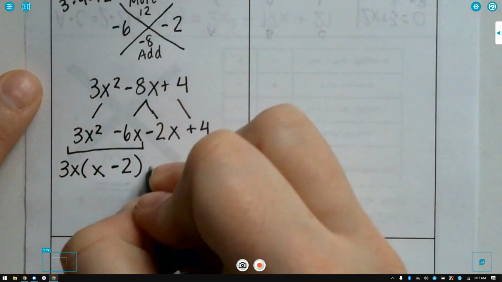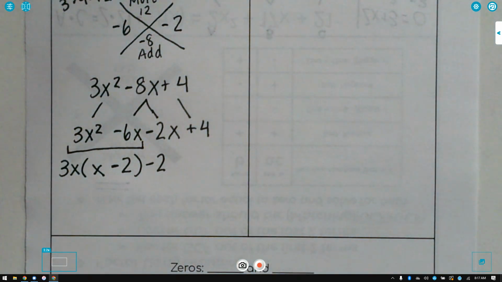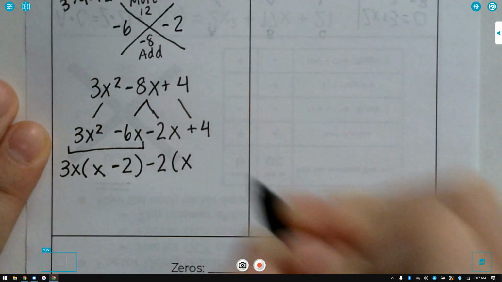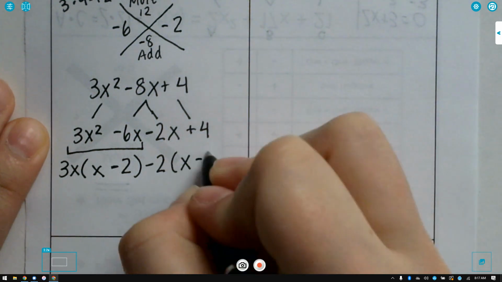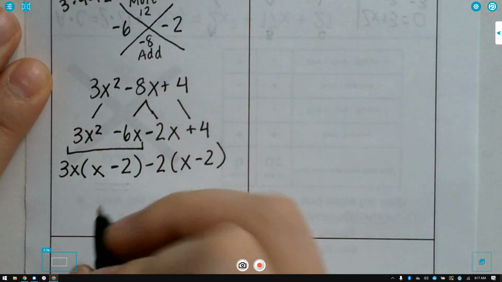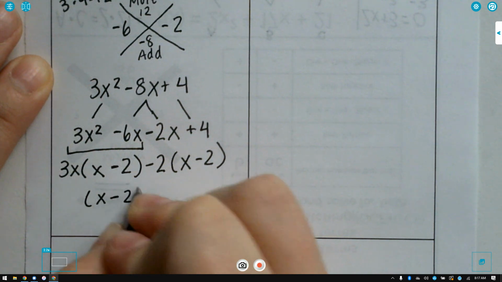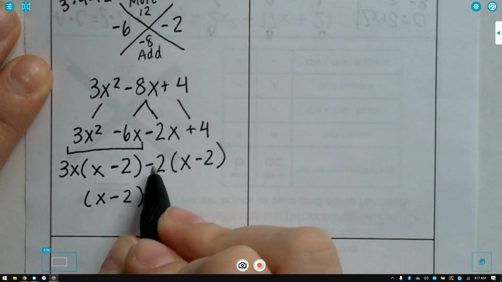So I'm going to divide out -2. So -2x divided by -2 is just x. 4 divided by -2 is -2. So that leaves me my final answer. My pieces that match are x minus 2. And then my GCF is 3x minus 2.